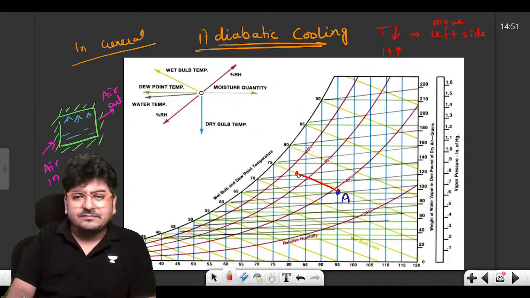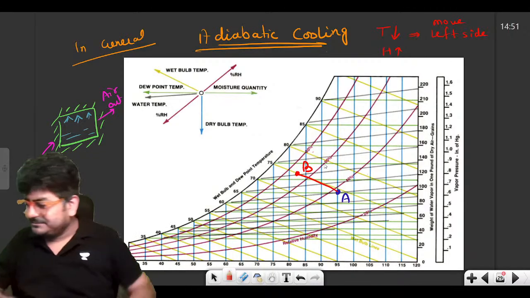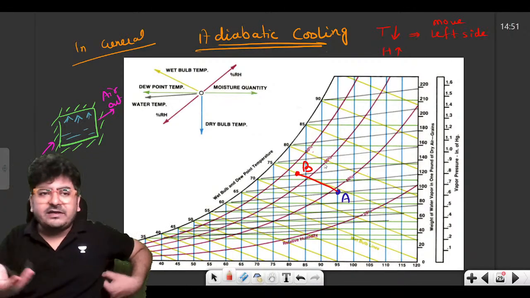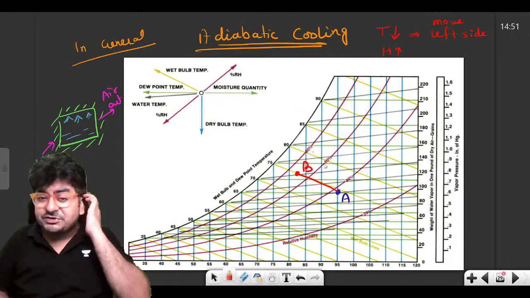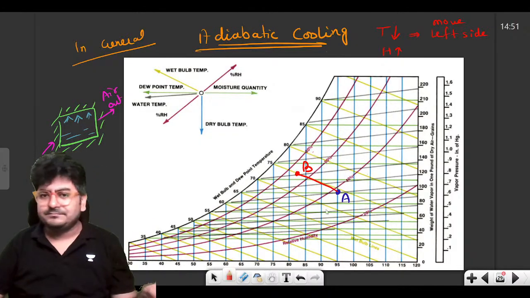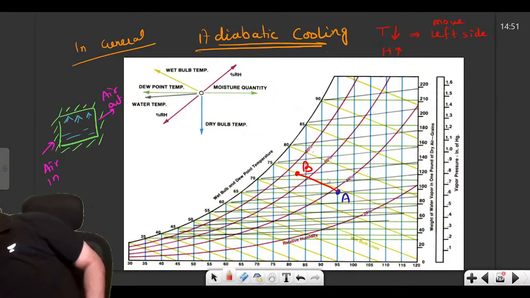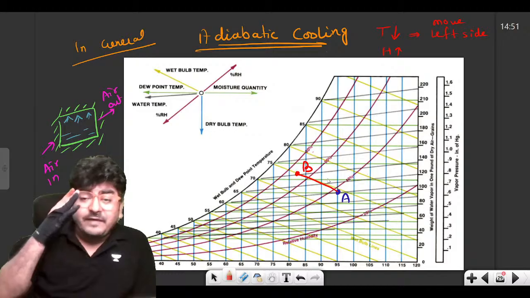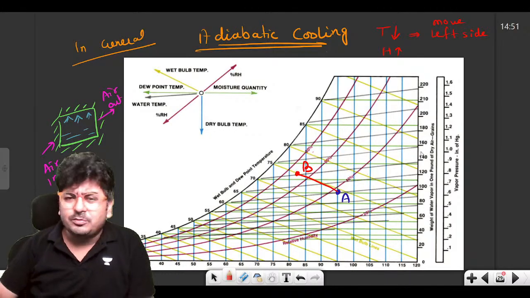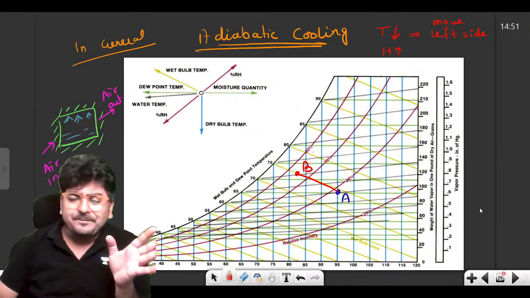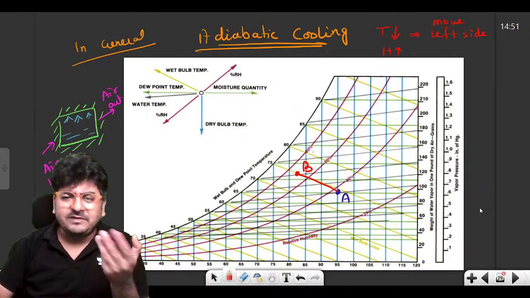Slightly like this. Correct? Depending on the contact, how much moisture you have added. And what will happen to the relative humidity and wet bulb temperature, all these things. I hope you guys already understand that. Okay. Otherwise, just let me know, I will explain.